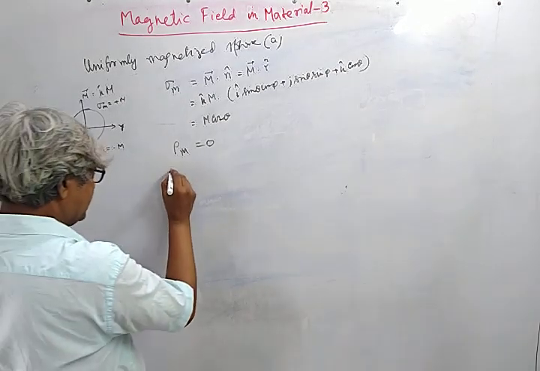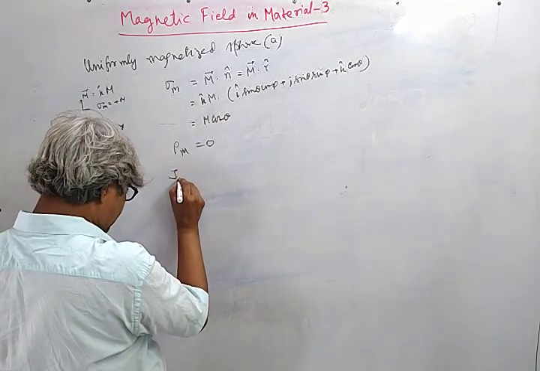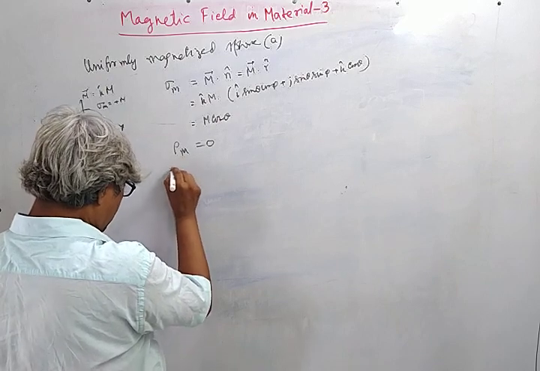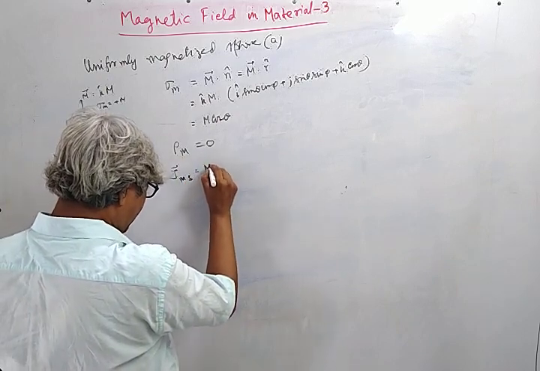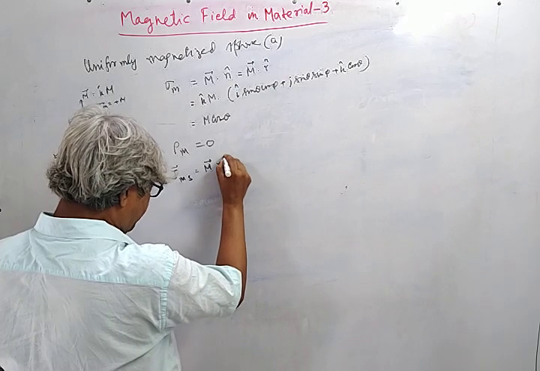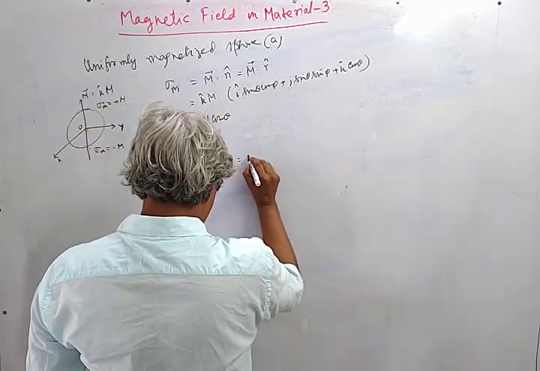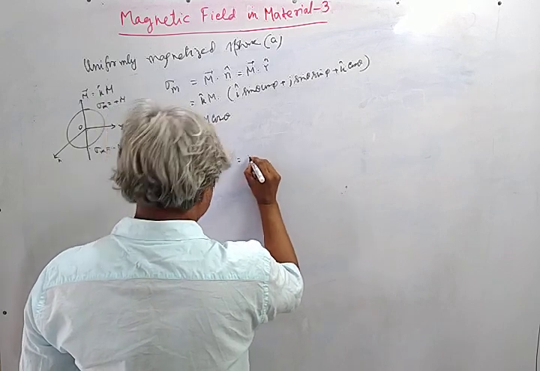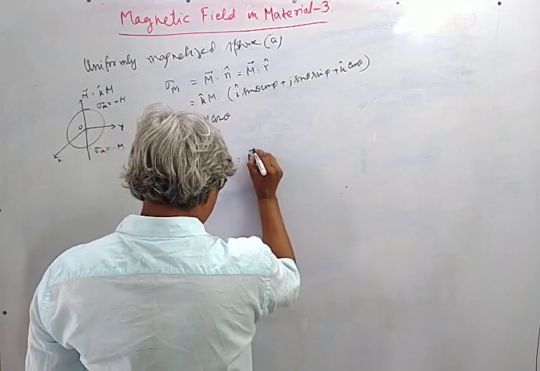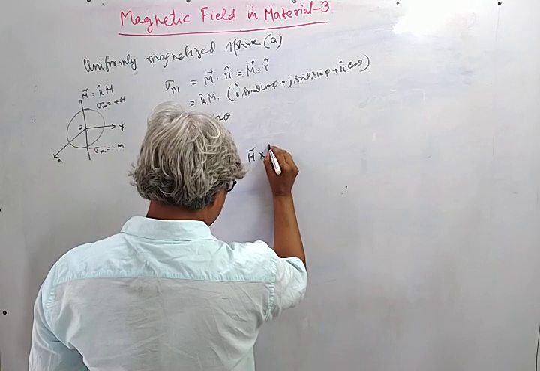Current density. The surface current density is defined as M cross n cap, which is M cross r cap.